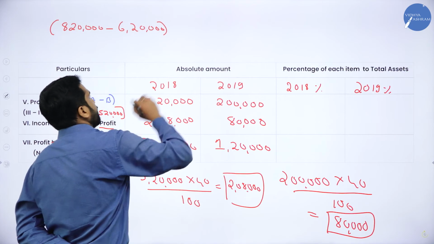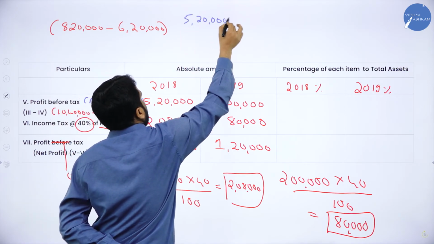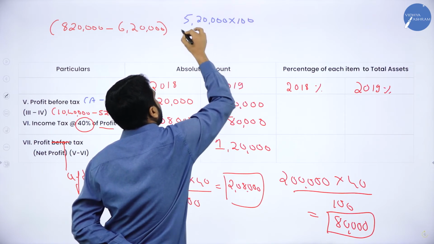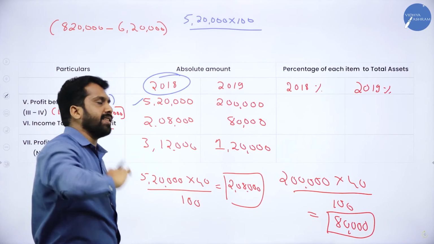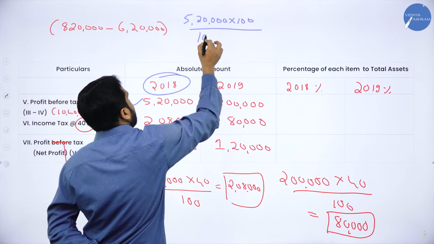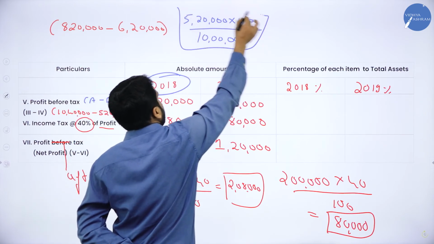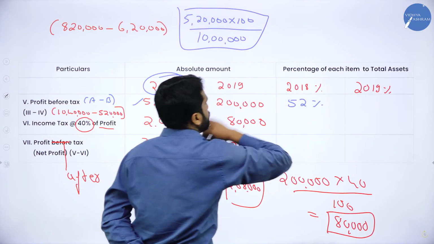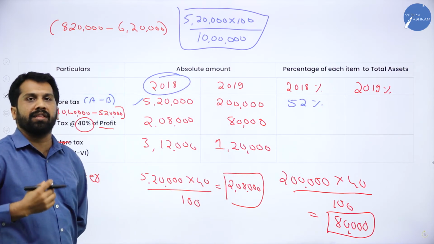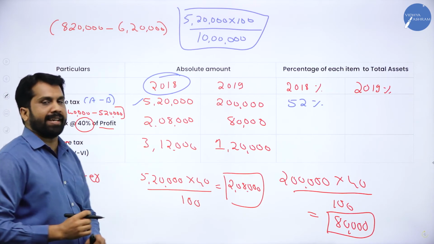Now we'll calculate this. 5,20,000 multiplied with 100. For 2018, what is the base? Yes, 10 lakh. For 2018, the base is 10 lakh. If you calculate, you will get 52%.